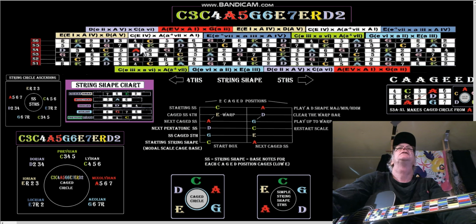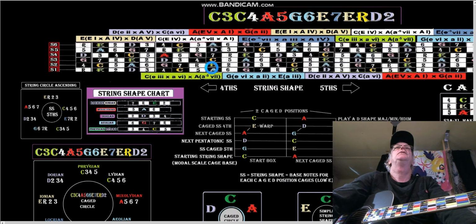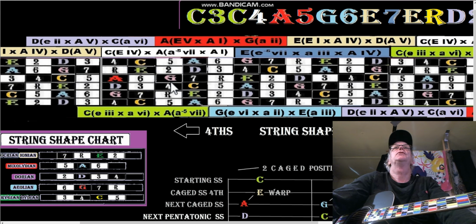We can play the 7 here, we can play it here, and it's your option to take the cutout for that. We don't have the 7 on the C, we have the root. So here's our C cage, we have root there. Okay, in the A cage here, we've got the 2 and the 2 there. So these cages are defined with one double in there, it's like they're ladder cages.